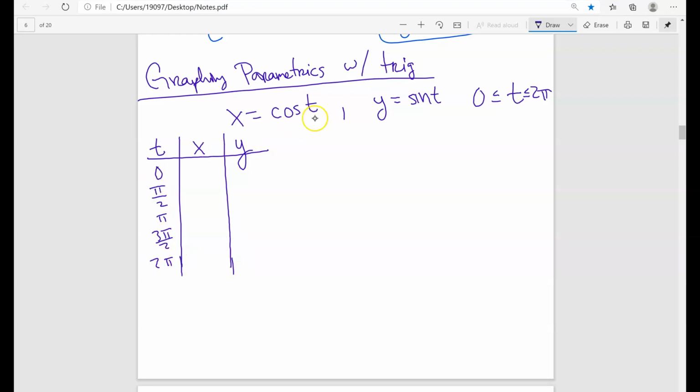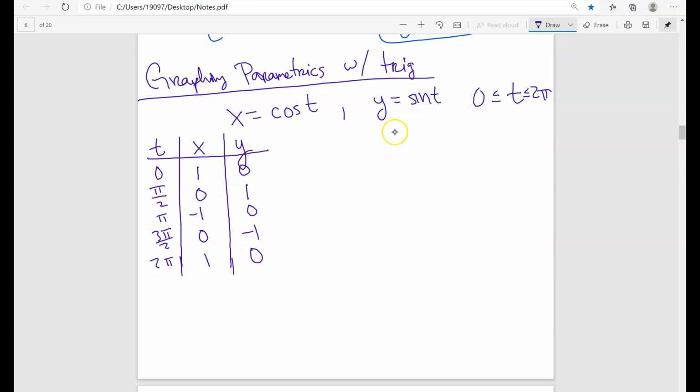So now let's go ahead and plug in 0 into the t. Notice that I'm going to get a 1 for this one and then a 0. Then plug in pi over 2, so you're going to get 0 and 1. So then when I plug in pi, you're going to get negative 1 and 0. 3 pi over 2, you get a 0 and a negative 1. And then when we complete a full circle, you're going to get 1 and 0.